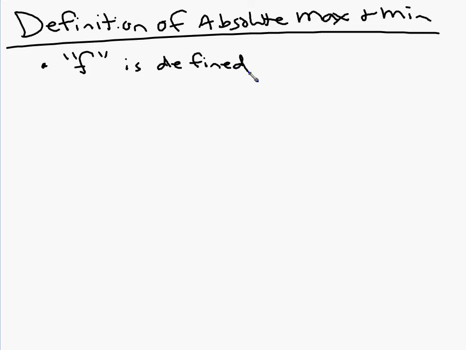And we know what that means. That means that we don't have a bunch of crazy holes or discontinuities or things of that nature. All right? F is defined, and C is in the interval that we are talking about.